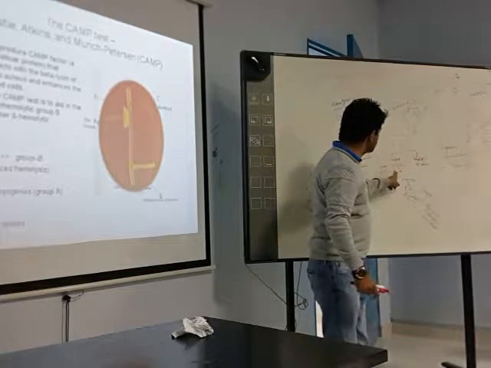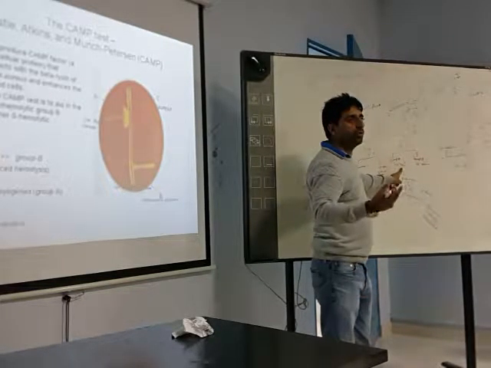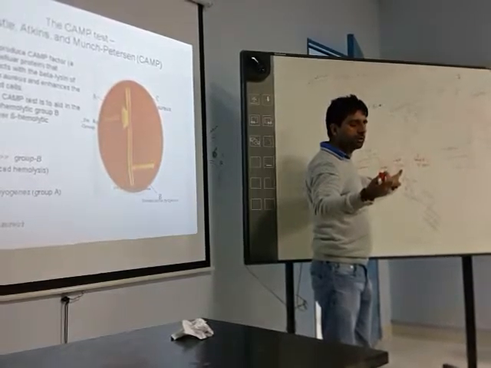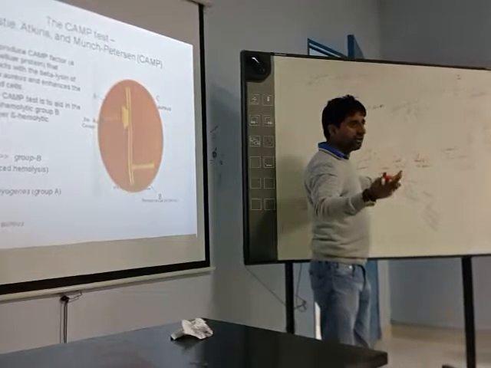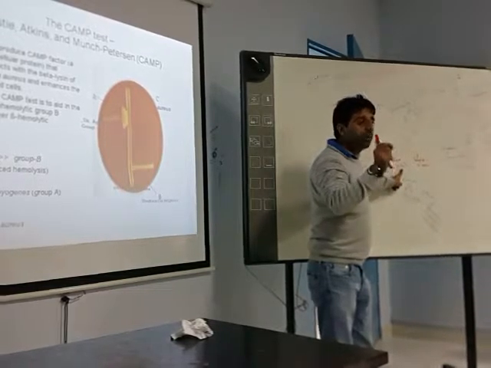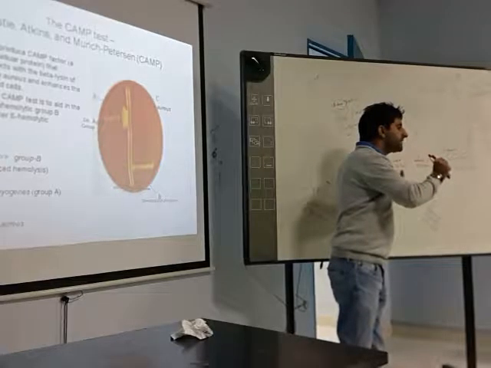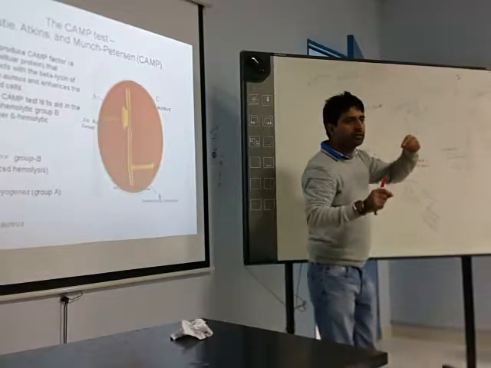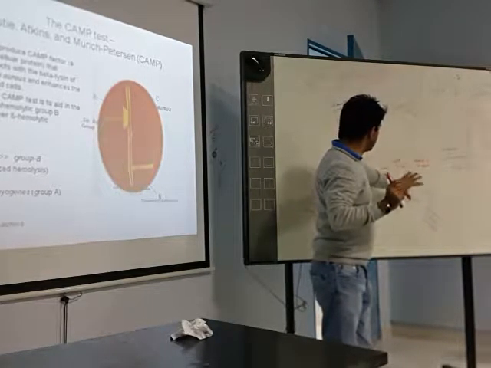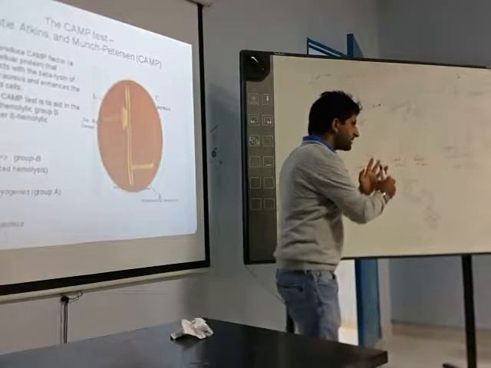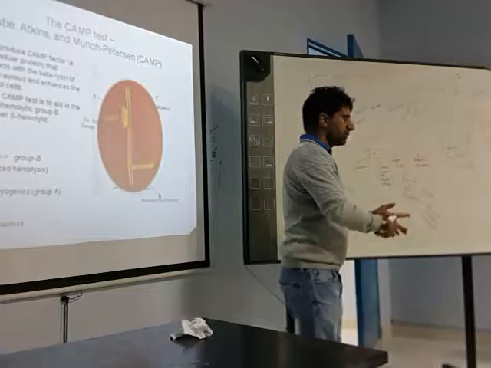Pyogenes produces streptolysin O, and when it is present inside the body, it causes an immunological reaction. Antibodies are produced. If antibodies are produced, there is no hemolysis. If antibodies are absent, this toxin will act on the RBC. So this is about pyogenes. Clear? These three points: blood test, bacitracin test, ASLO test.